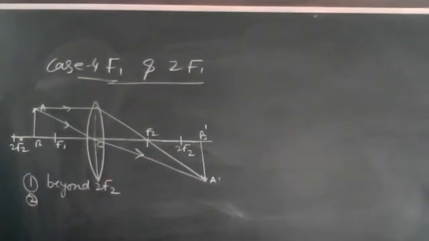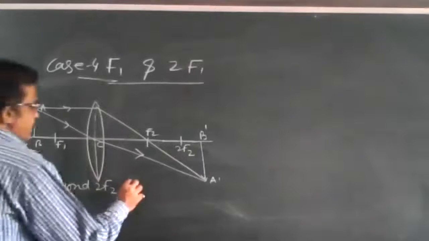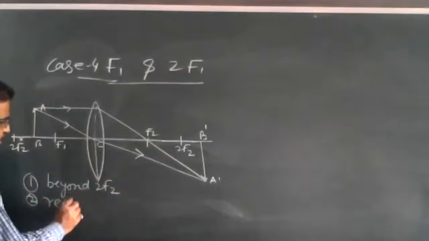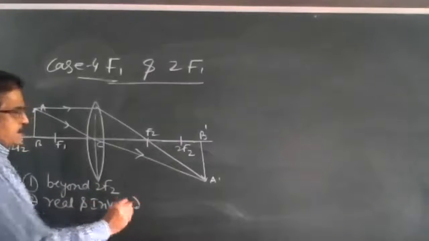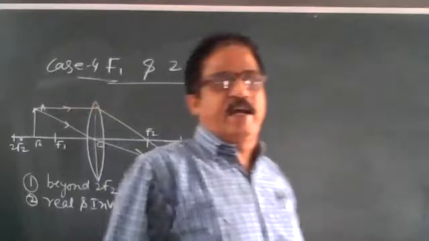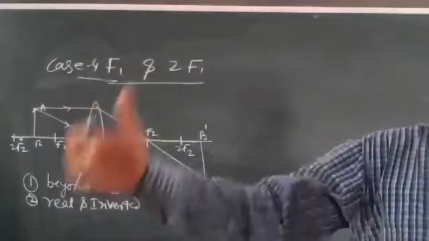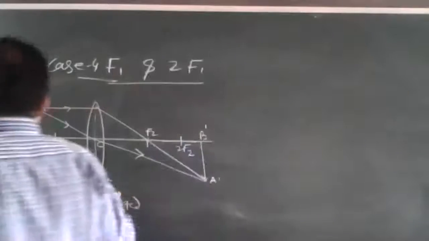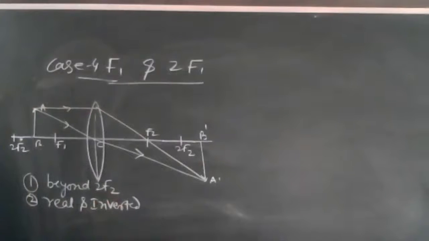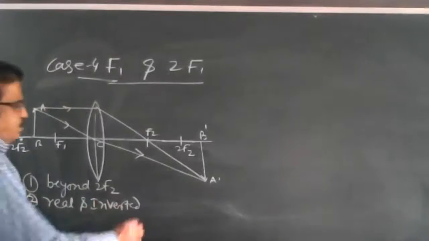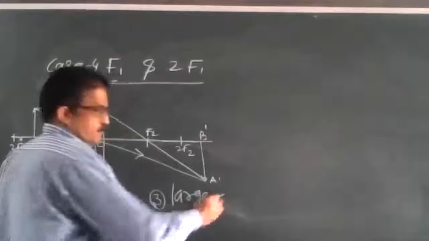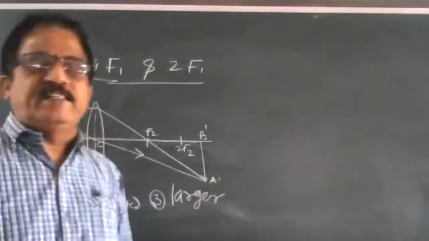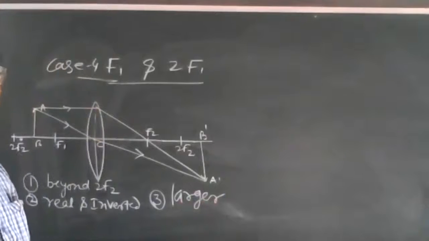Second one is real and inverted. Here I can say real and inverted, beyond 2F2 on the other side of the lens, and larger in size than the object. So these are the three things.